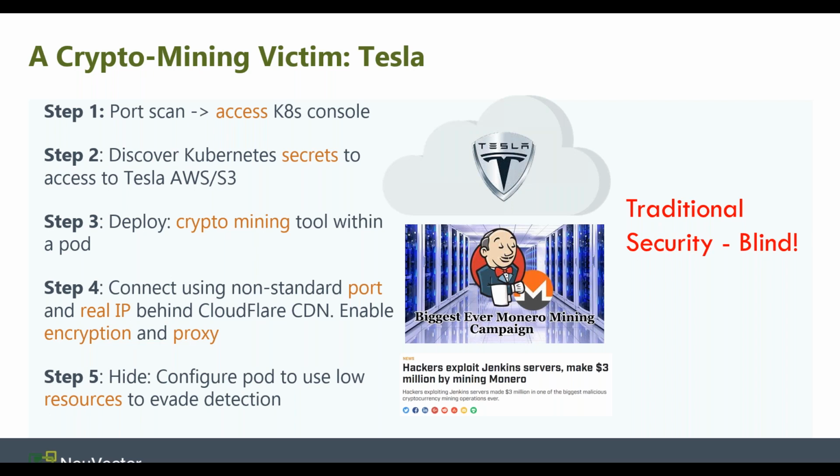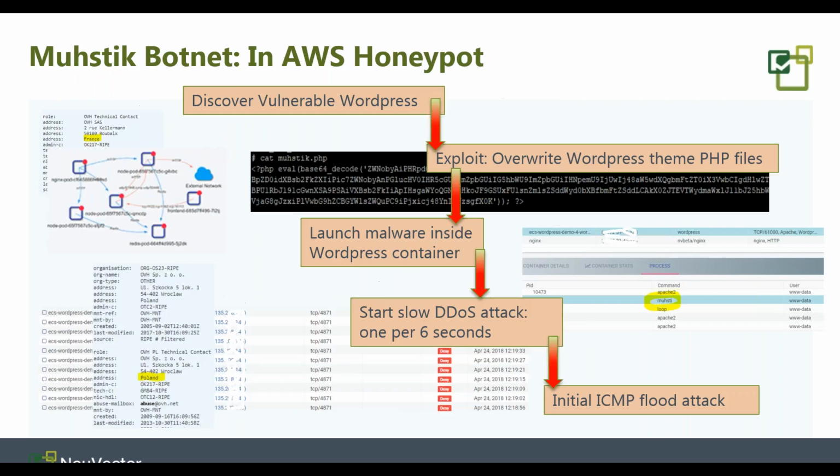You won't realize there are 2 or 3 bad containers doing crypto mining silently. That's why it took Tesla, I think, more than a couple of months to realize this issue, and they don't even know when this was happening. So that's really bad.